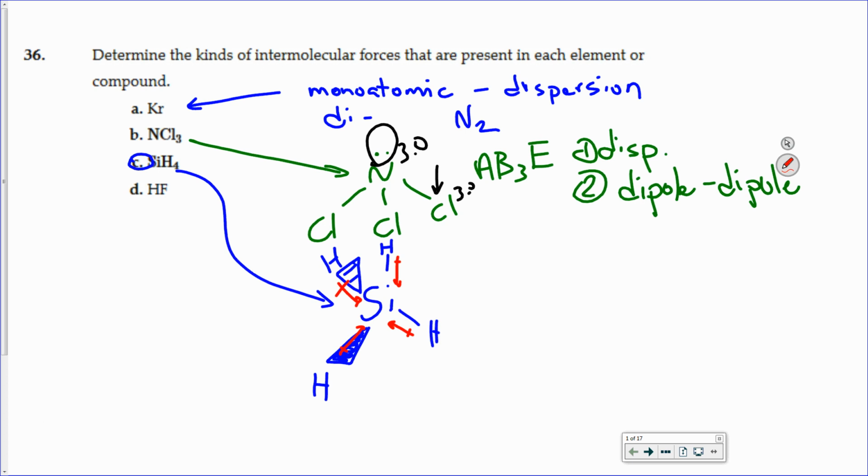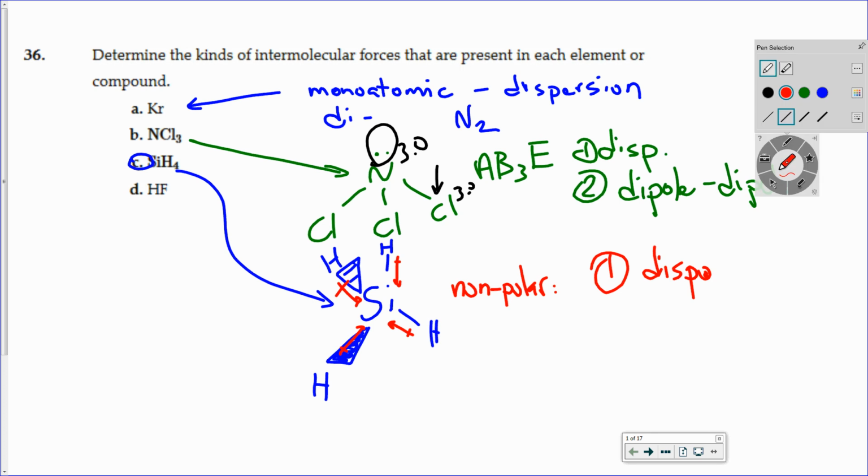So it is a nonpolar molecule. That means it doesn't have dipole interactions. The thing that it does have, though, is what all molecules have: dispersion forces. Okay, so dispersion.